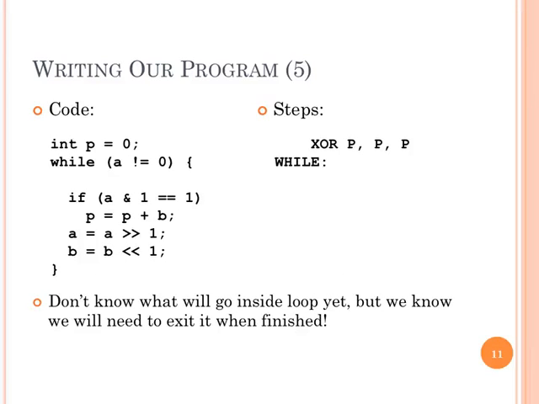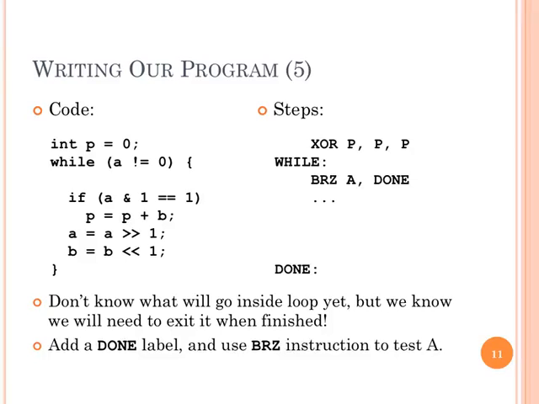And we don't know what's going to go inside the loop, but we will need to exit it. What's going to be our test for when we exit the loop? This is really easy, right? Because we have a BRZ instruction, and we stay inside the loop until A is 0. So branch if 0, out of the loop.